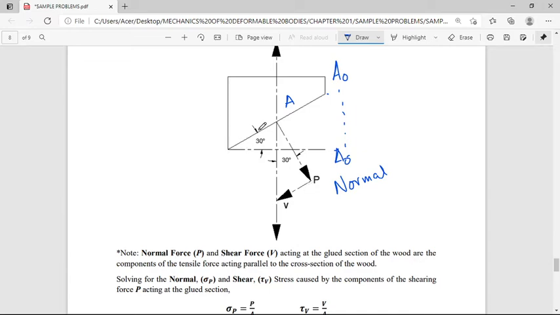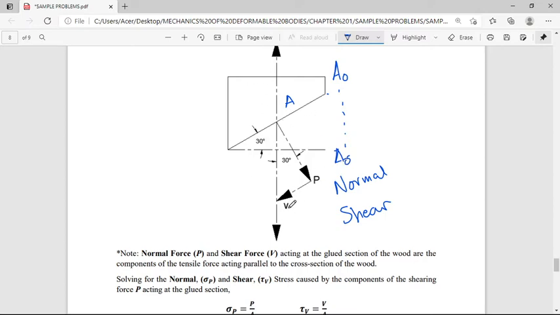Yan, in line with the glued portion of the wood or along the inclination of the wood with respect to the horizontal plane. And etong parallel line na to or adjacent line na to is yung shearing force naman na tinatawag. And ito yung magbibigay ng shearing stress na sinasabi doon sa problem.